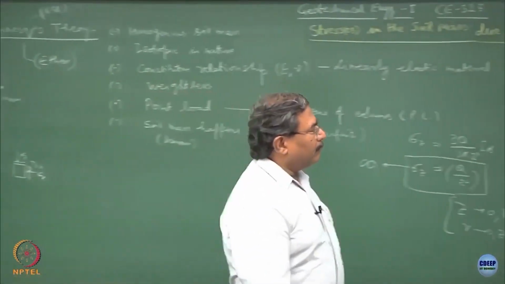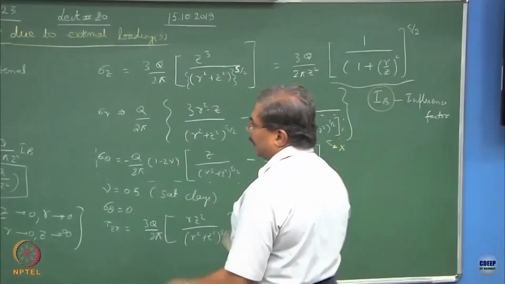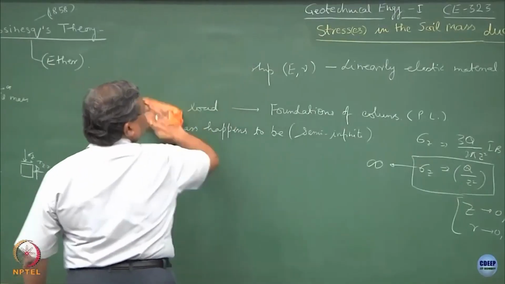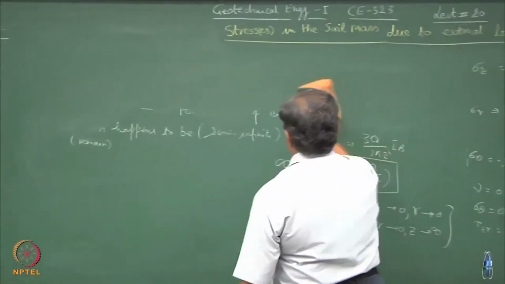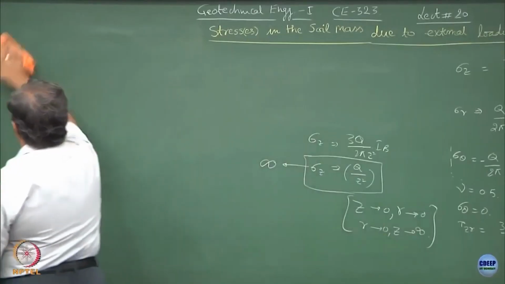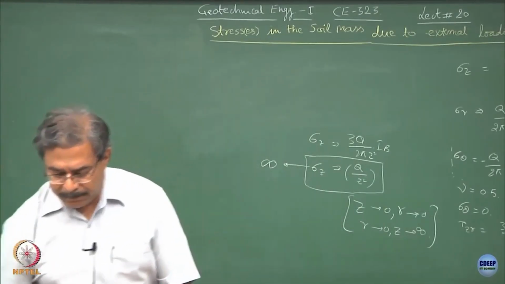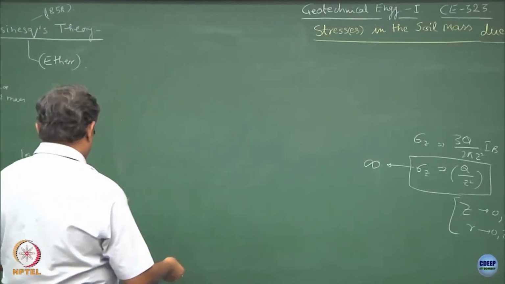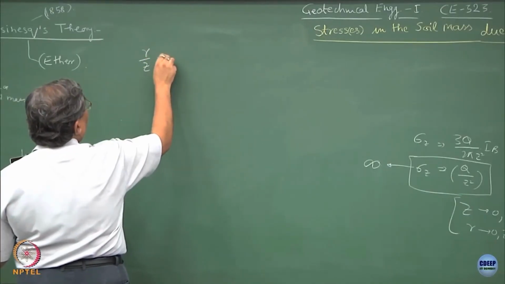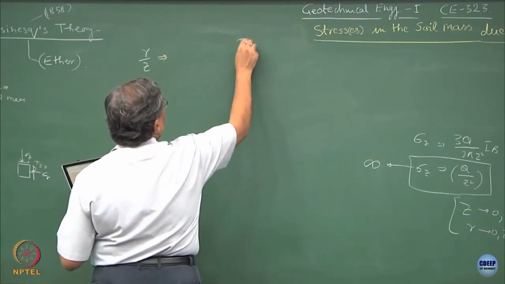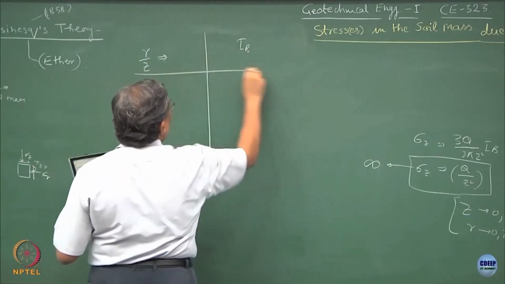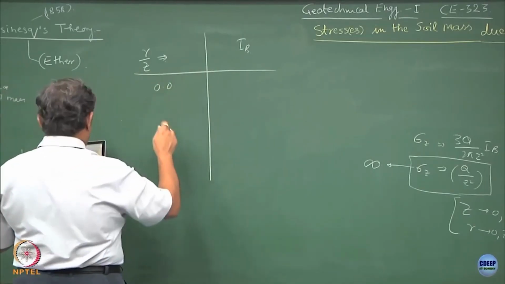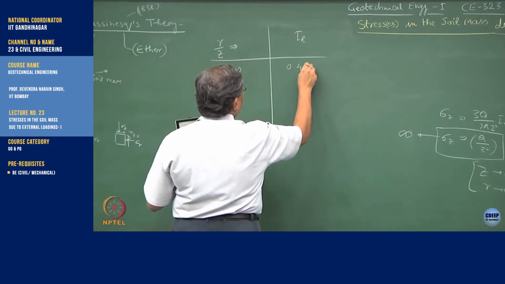Anyway, no problem. We as engineers will still go ahead with these solutions and we will try to see how these things can be sorted out. So, if you look at this influence chart, if I substitute the values of R and Z, and if I get the values of IB in that expression, for R by Z equal to 0, the IB is 0.4775.